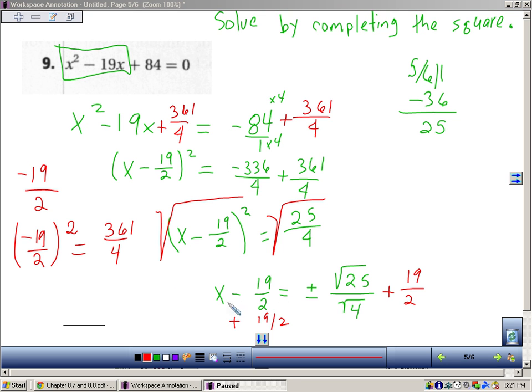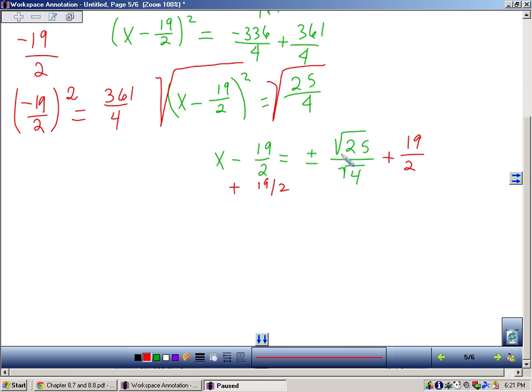So now we have 19 over 2. And I think it's going to simplify nicely. You can already tell. So we end up with x equals: the square root of 25 is 5, the square root of 4 is 2, so we have 19 over 2 plus or minus 5 over 2. We have a common denominator, that's great. And so when we combine this, we have two solutions.